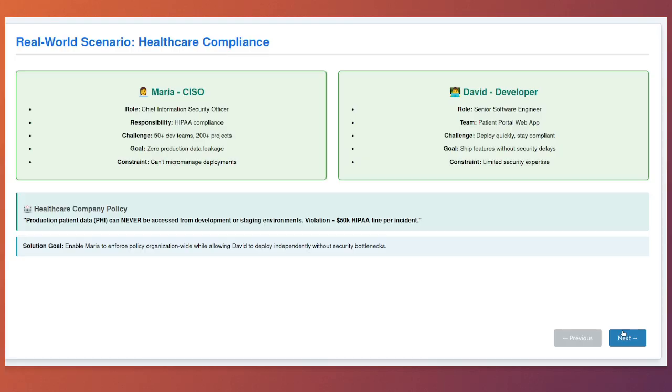Production environments containing PHI can never be accessed from development or staging environments. Any violation is a potential HIPAA breach that could cost the company millions of dollars and damage their reputation. The challenge is enabling Maria to enforce this policy across 50-plus development teams and 200-plus projects while allowing David and his peers to deploy applications quickly without getting bogged down in security approval processes.